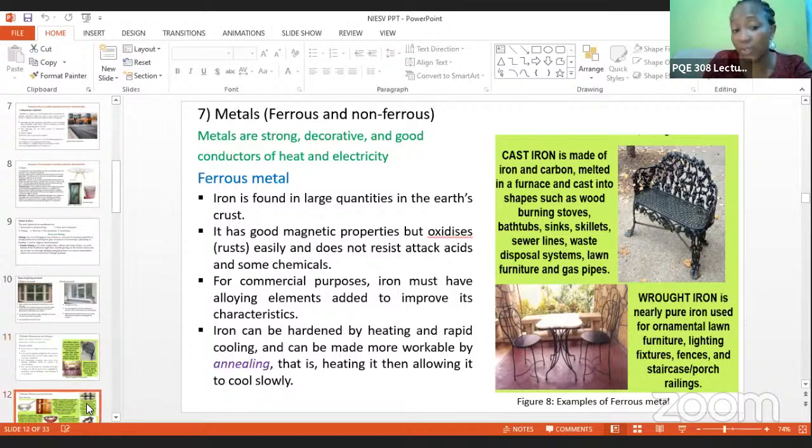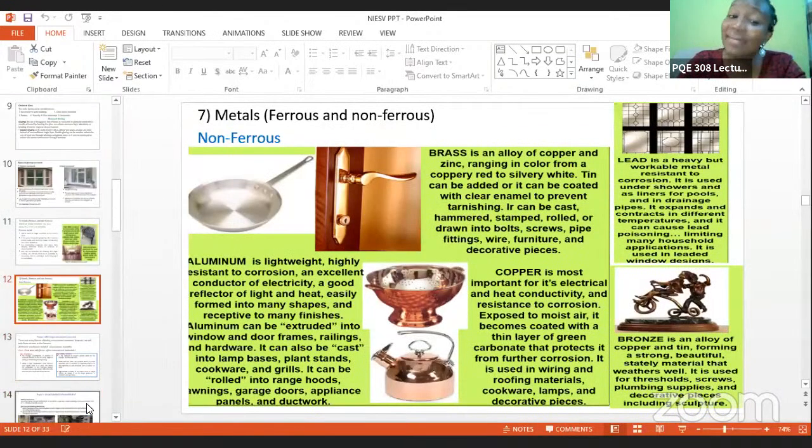These are the examples of non-ferrous metals, and these are the different things you can use them for. We have aluminum, which is lightweight, copper, brass, lead, bronze. They have different purposes because they have different characteristics. Aluminum is widely known as an example of non-ferrous.